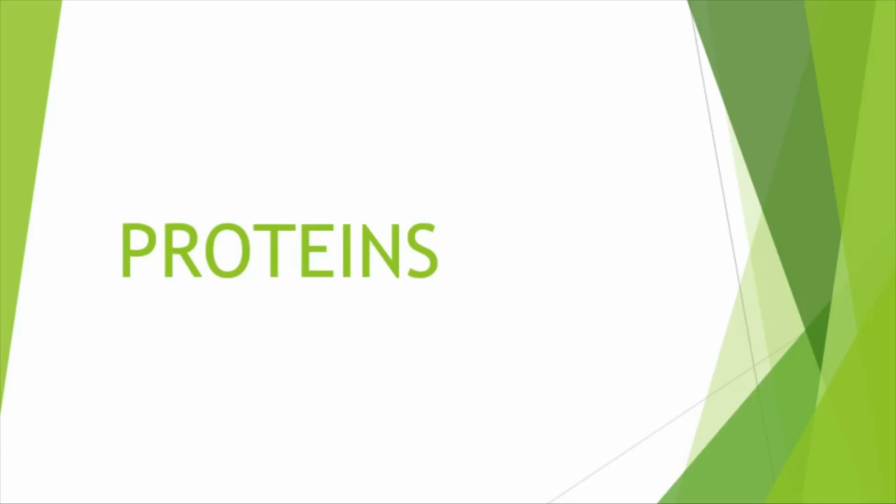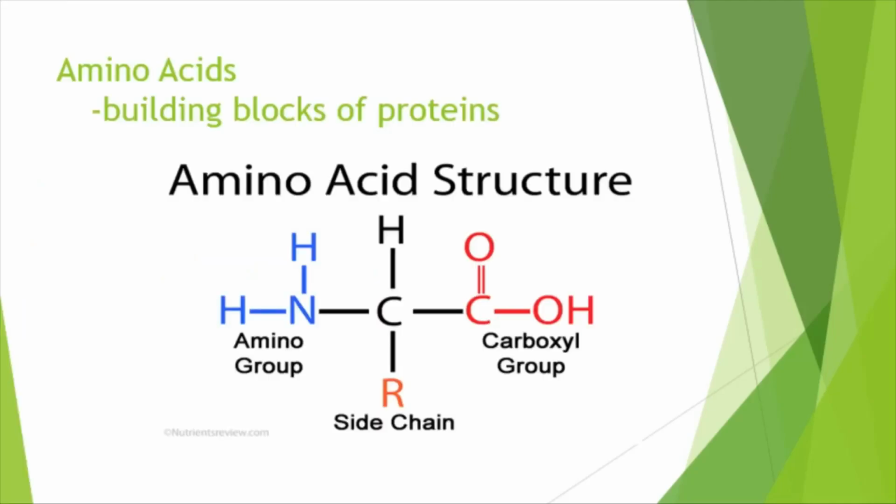Proteins have monomers, or building blocks, which are your amino acids. Amino acids have this kind of structure. As you can see, it has an amino group and a carboxyl group, and a central carbon atom.